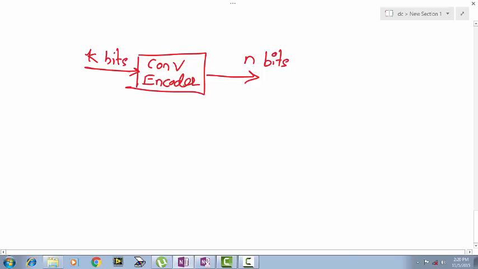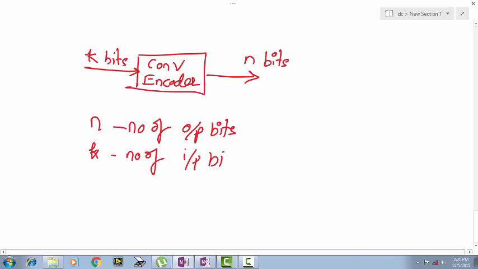And how is a convolutional code specified? We know that a block code is specified by n comma k, whereas for representing a convolutional code we need 3 parameters. The first parameter is n, the number of output bits, k, the number of input bits, and capital K, the constraint length.